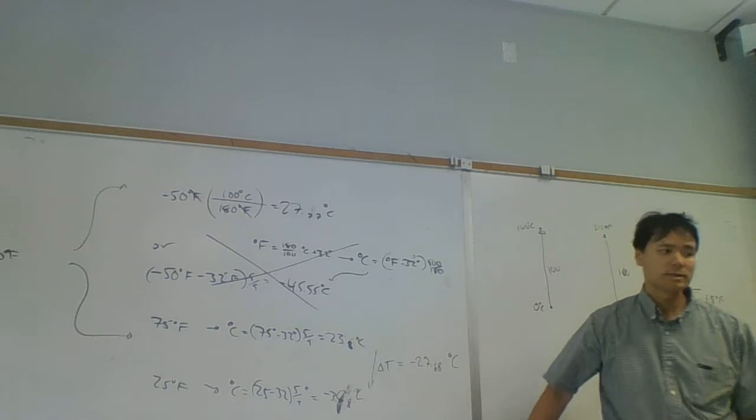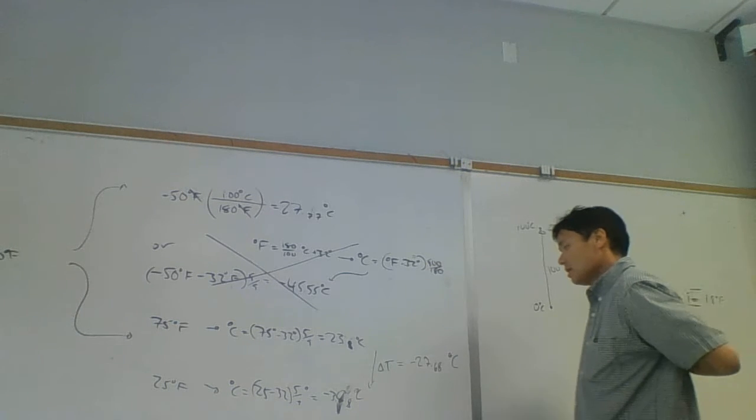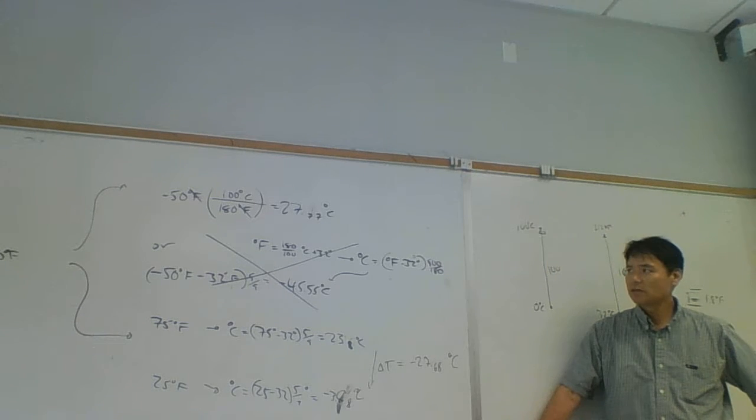So is there a mistake? It turns out there's no mistake. If there's no mistake, why are the answers different? The answers are different because of rounding error. Which one of these answers do you think is better?